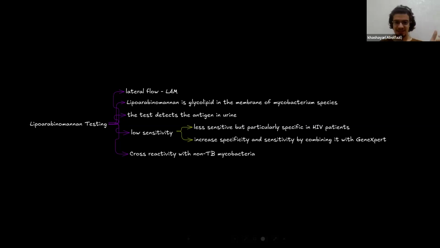The test detects the antigen in the urine. It has low sensitivity, but it is particularly specific in HIV patients, and we can increase both specificity and sensitivity by combining it with GeneXpert methods. It has cross-reactivity with non-TB mycobacteria, so we have to keep that in mind.